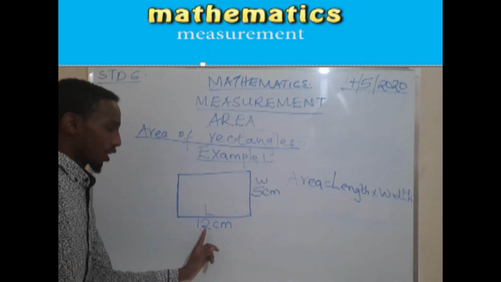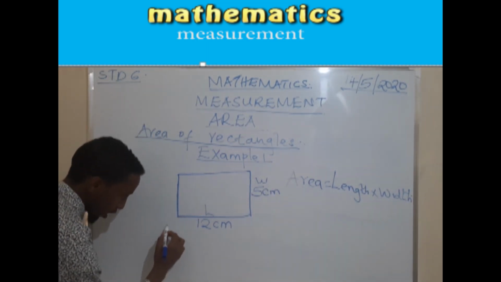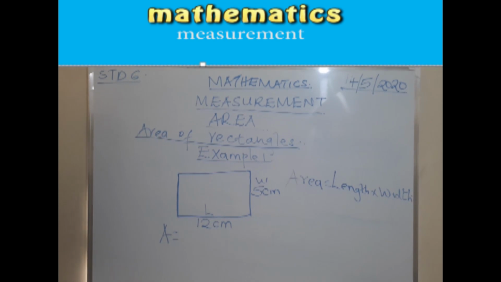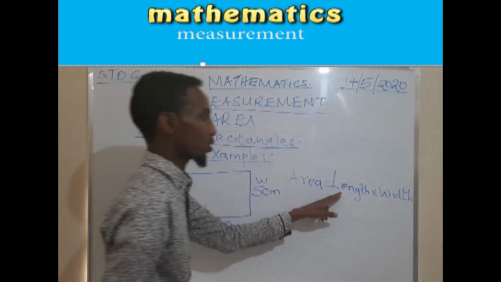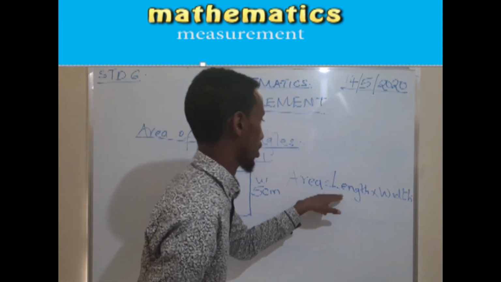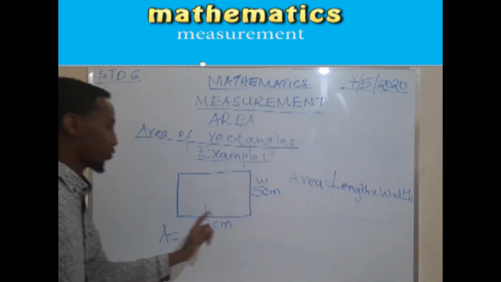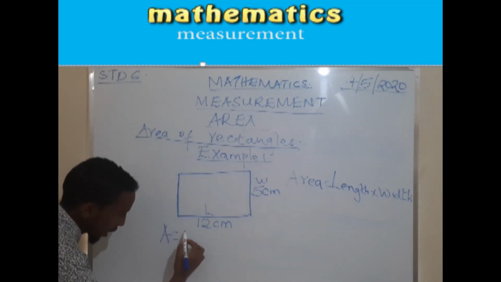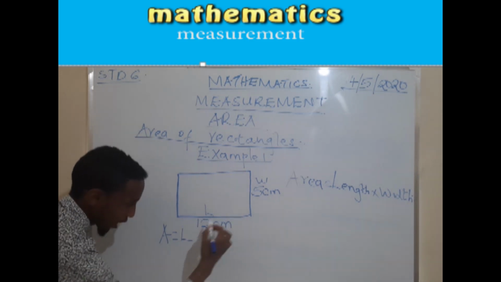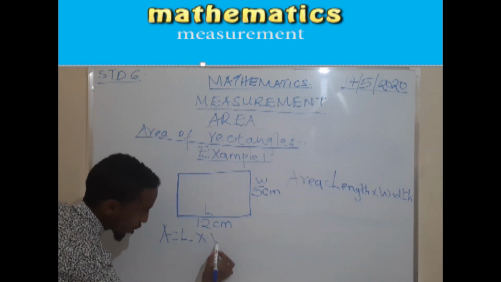So the length is 12, therefore we say area is equals to, in short form, if you don't want to use the full meaning of L, we say area is equals to L, which is length, times width.